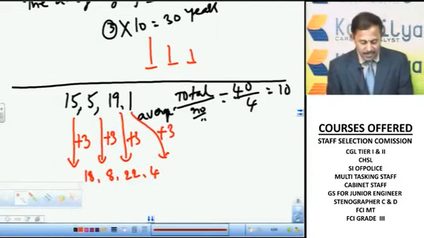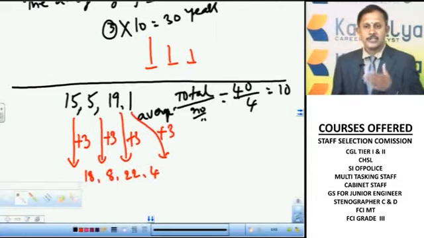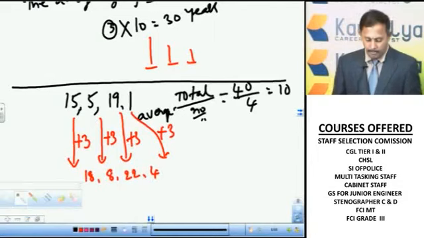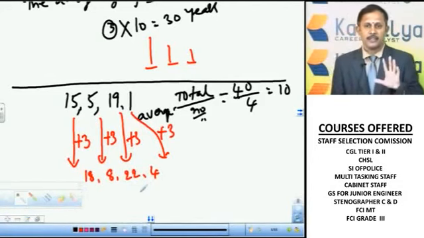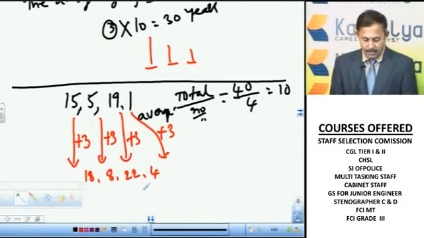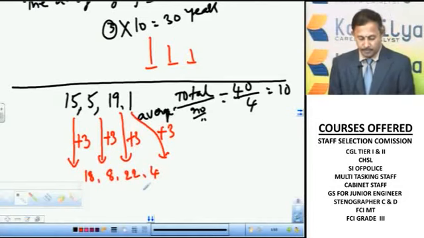Friends, what is the change affected to each element here? Each element is increased by 3. So 18, 8, 22 and 4, that will be the new set of elements, right? 18 plus 8, 26, 26 plus 22, 48, 48 plus 4, 52.